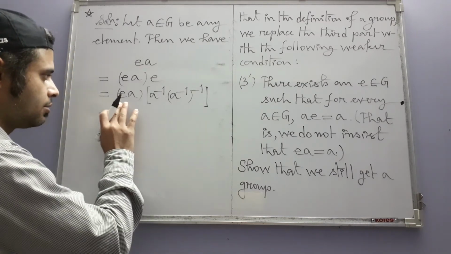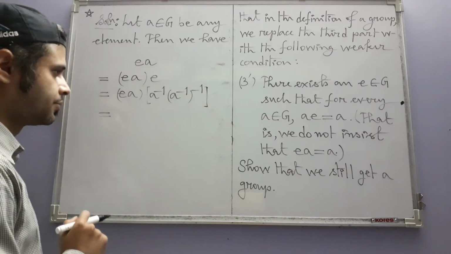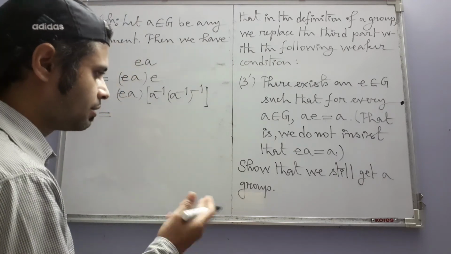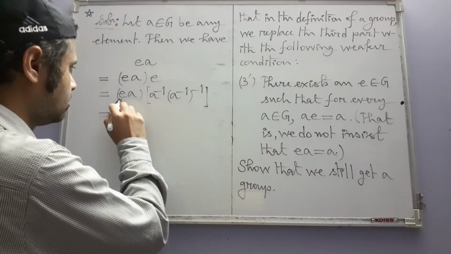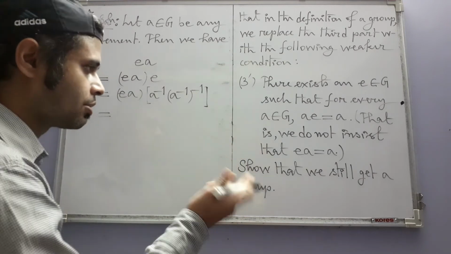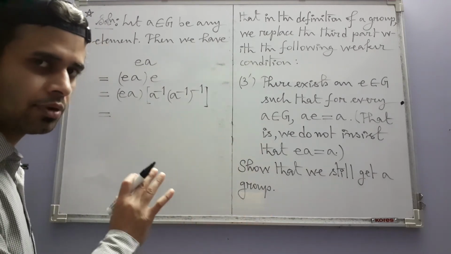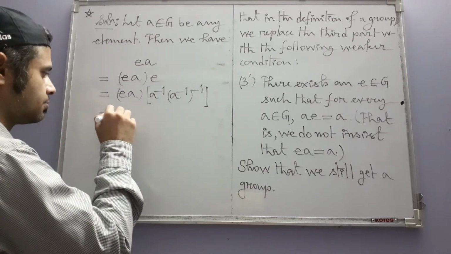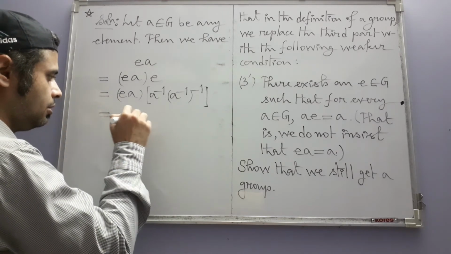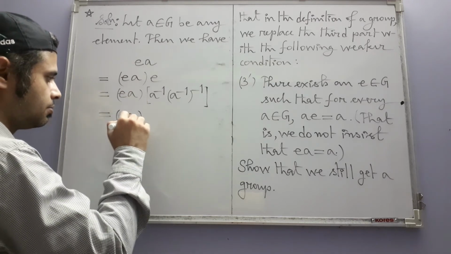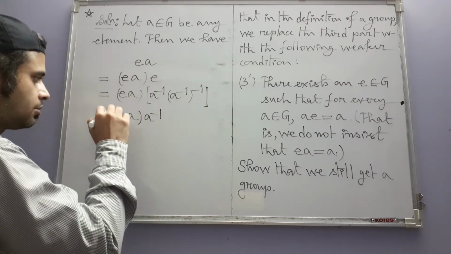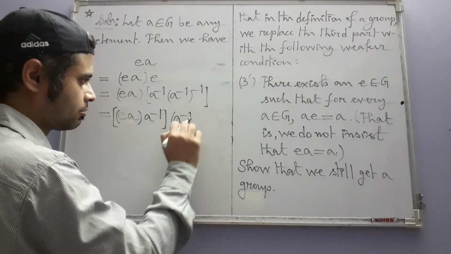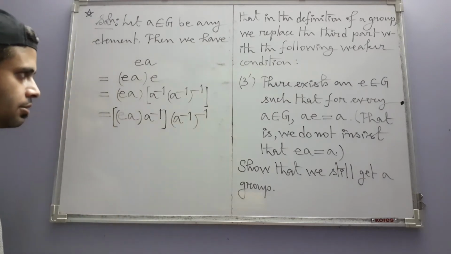So all the things now must be carefully dealt with. One more thing is that you should write the brackets properly, because since this is not yet known to be a group and we are in fact trying to show that, the general associative law is also not available. The actual associative law, the second axiom, is there, however, and that's what we are now going to use. EA, so this is equal to EA, A inverse, A inverse inverse.